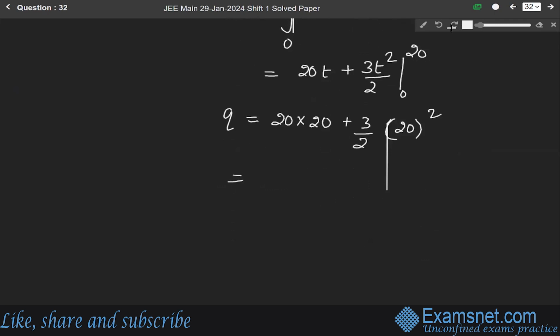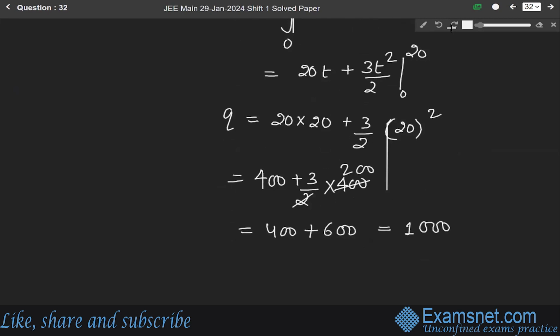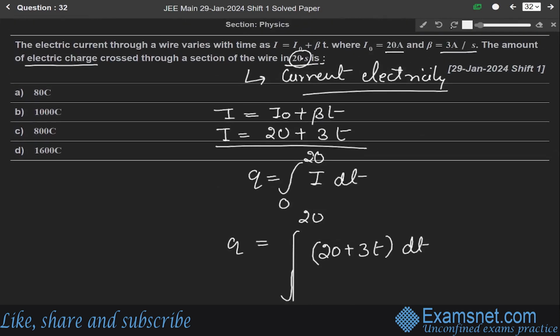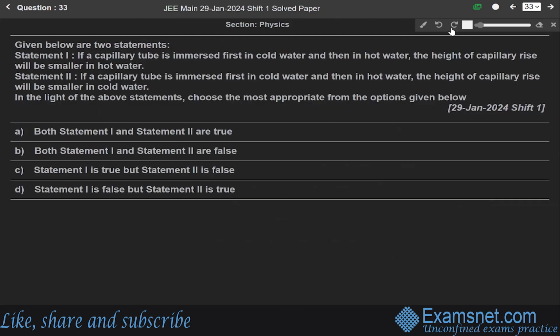So it will be equal to 400 plus 3 by 2 into 400, which is 400 plus 600. So the answer is 1000 coulomb. So the electric charge is 1000 coulomb. So the correct answer is option B, that is 1000 coulomb. Now next question, question number 33.